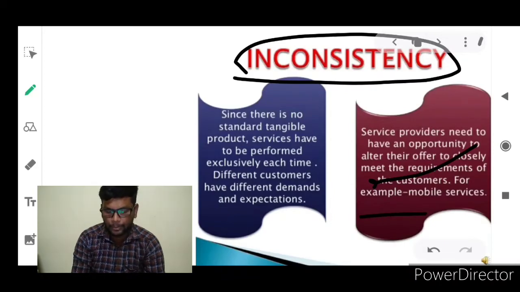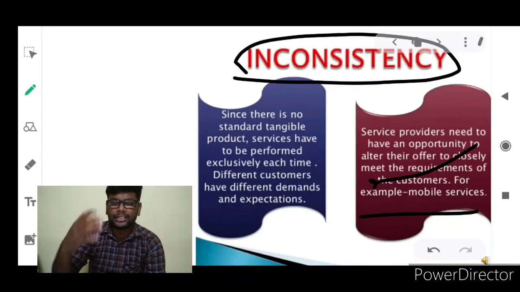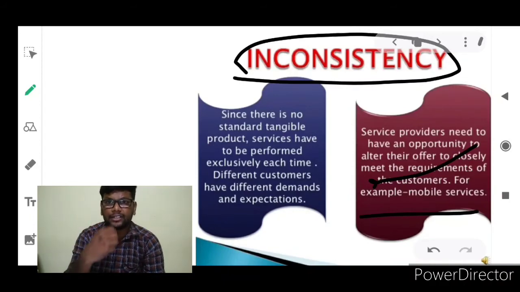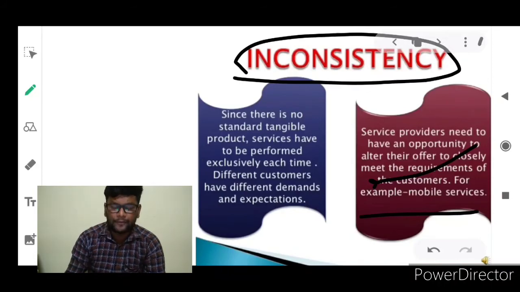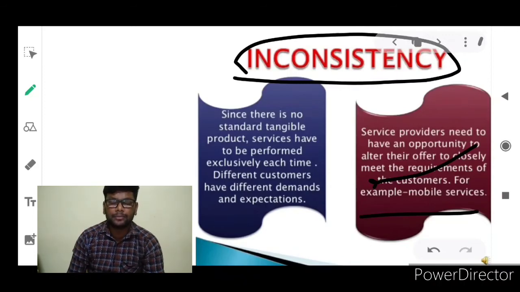For example, mobile services. You know, nowadays mobile phones are increasing day by day, 4G, 5G, and different configurations are coming in the market. So to keep up in the mobile phone market, they have to implement so many unique technologies and configurations in mobile phones.